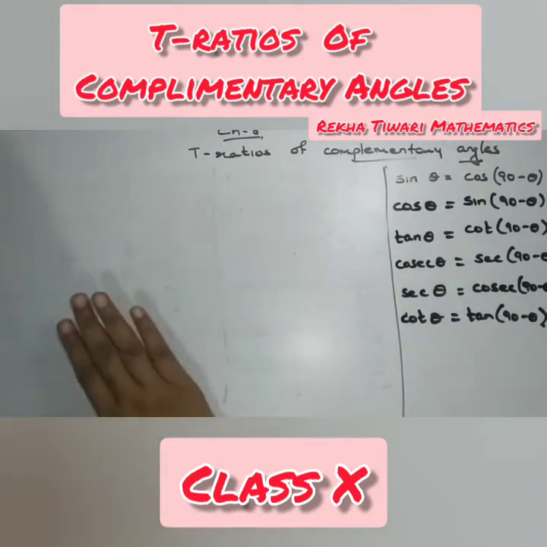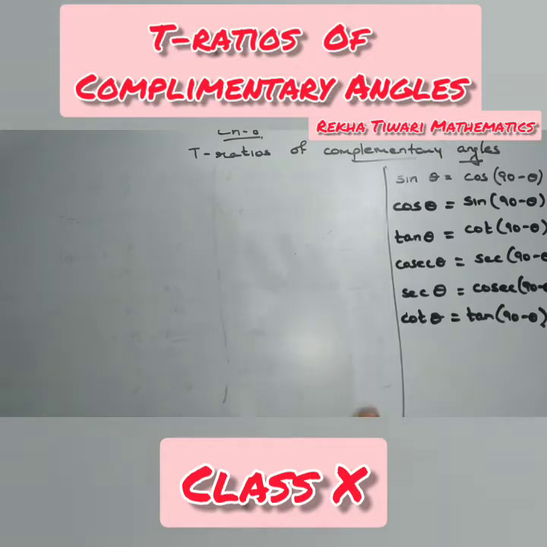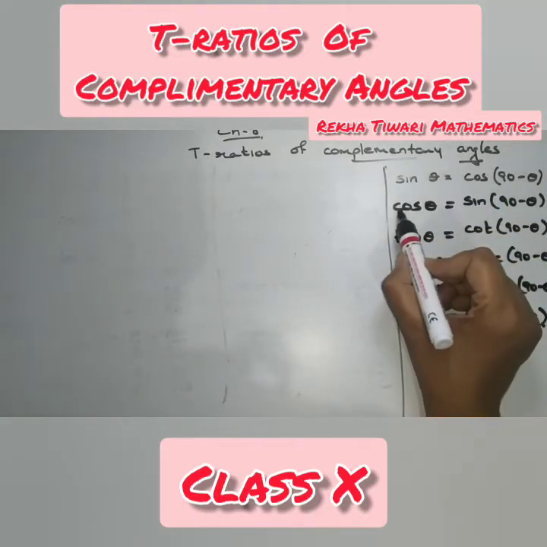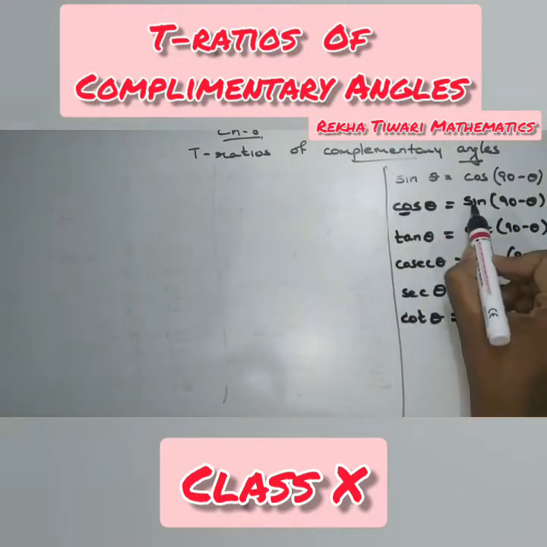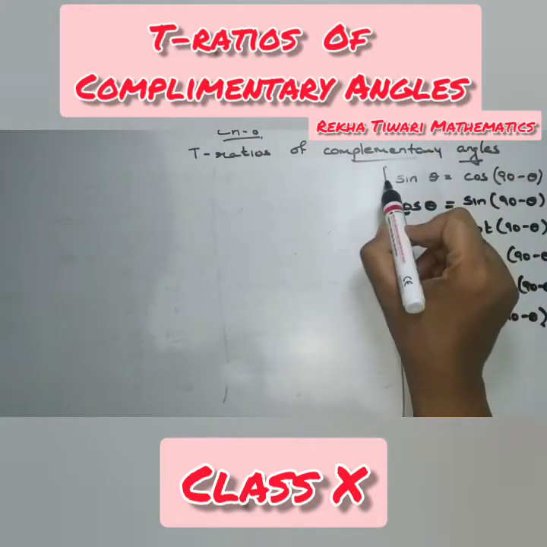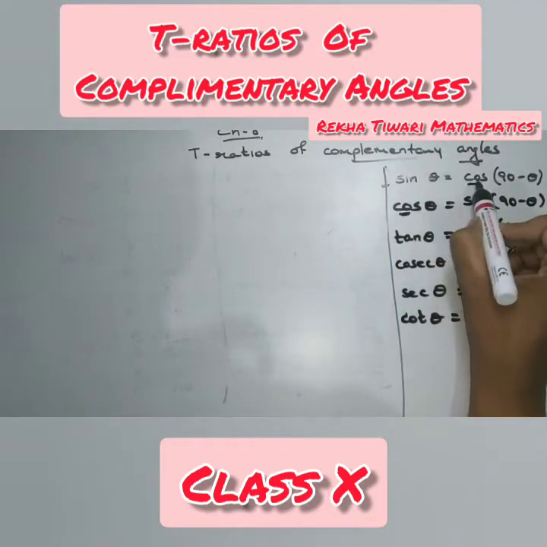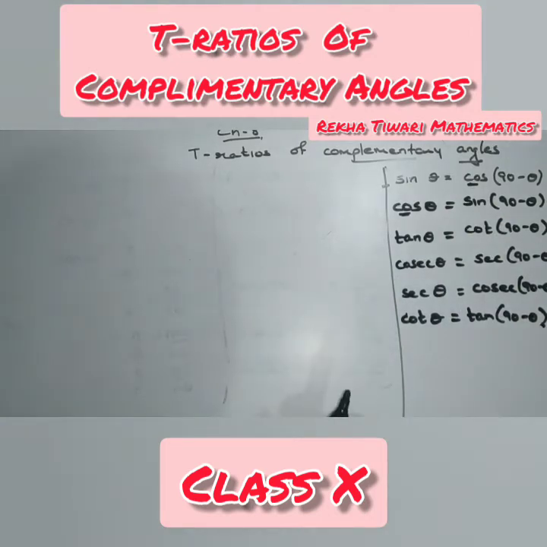Okay, I have shown you the proof just now. Now suppose you find it difficult to learn, there is a trick: if there is co, remove co from the right hand side. If co is not there, put co in the right hand side.